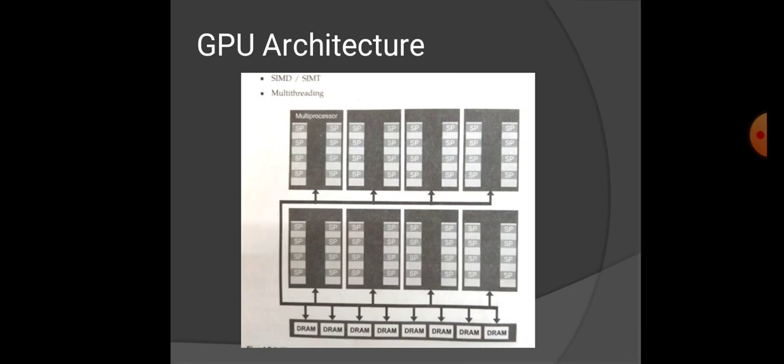Most graphical applications have this characteristic since they typically need to process many objects, for example pixels, polygons, vertices and so on. The degree of multi-threading used is much lower in CPU than in GPU.